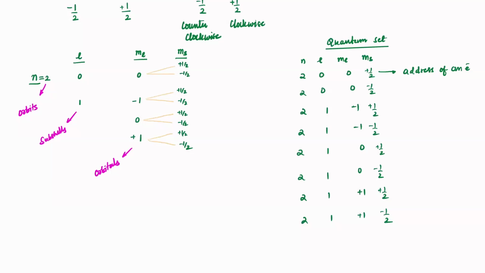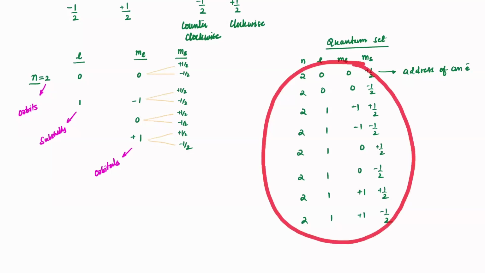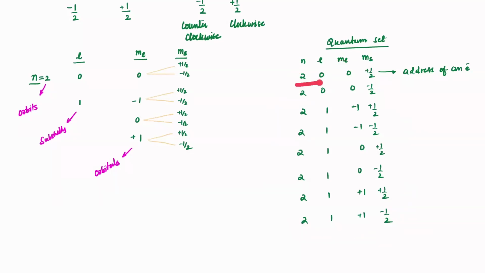That is the information you get using these numbers. One thing to notice here is that every electron has a different set of values. In some cases the first three values may be the same, but the last value is different.